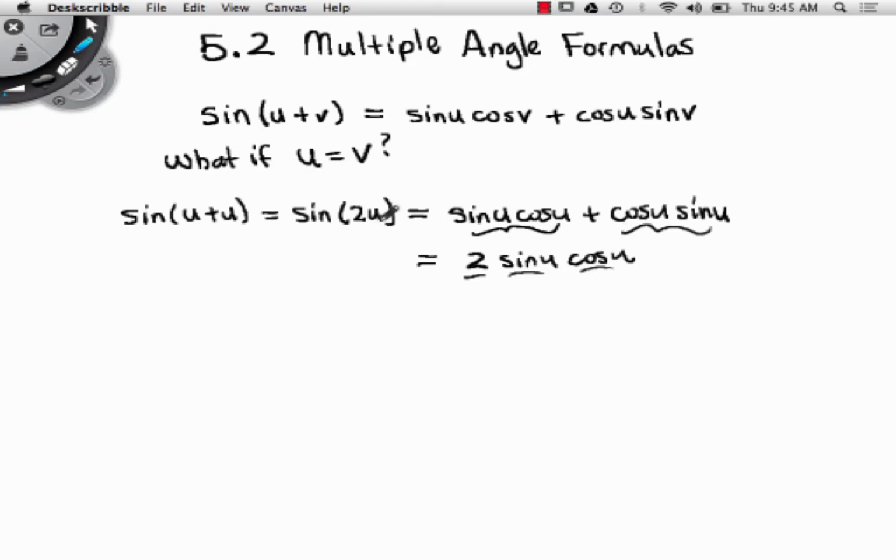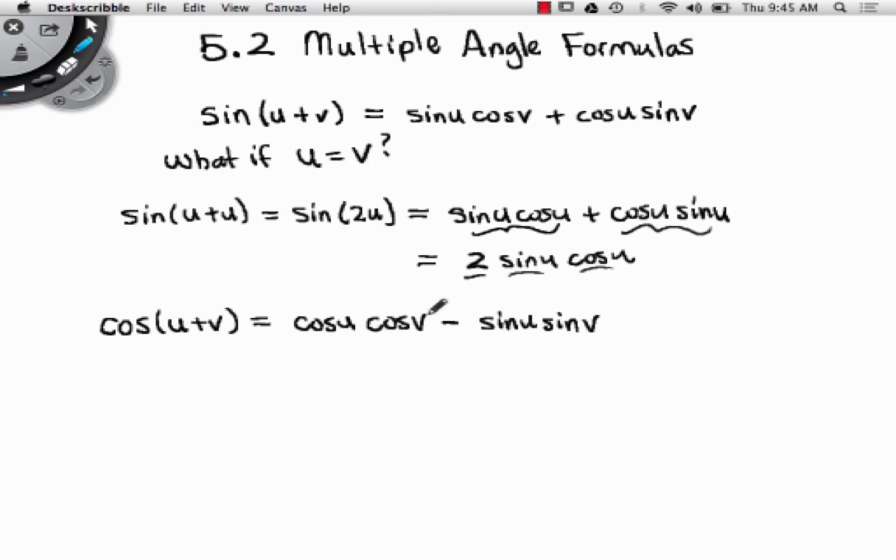So what happens with the cosine? I know that the cosine of u plus v is equal to the cosine of u cosine of v minus the sine of u sine of v.